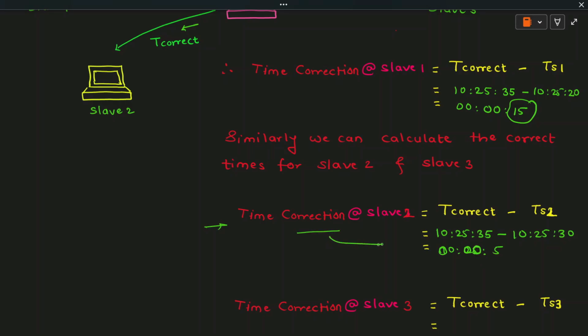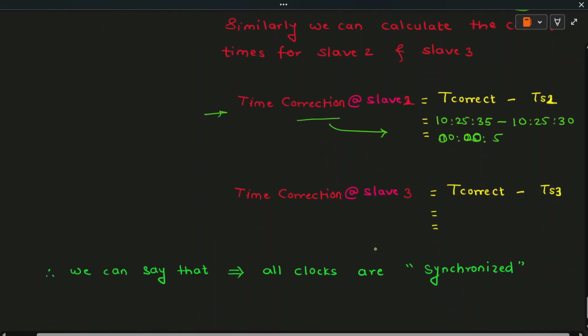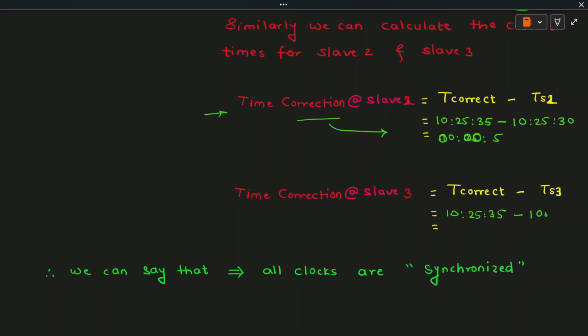This will be the time correction in slave 2. Now let us find out the time correction in slave 3. So 10 hours, 25 minutes, 35 seconds is the corrected time minus TS3's value, 10 hours, 25 minutes, 50 seconds. So the value is going to be 0 hours, 0 minutes and minus 15 seconds.